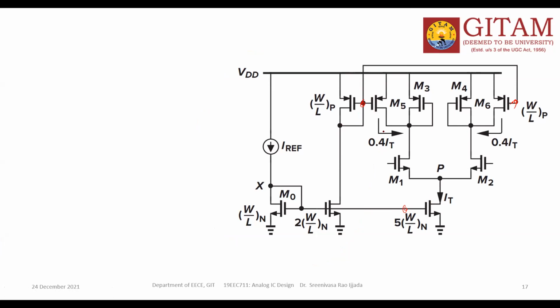I always tell this is loads, no doubt at all. For PMOS loads and NMOS tail current source, we need the biasing. From where can we get the biasing? Yeah, this is a circuit which can provide the bias.